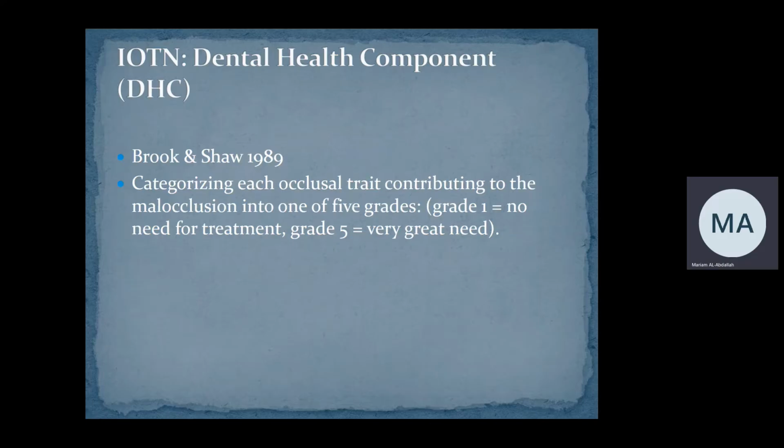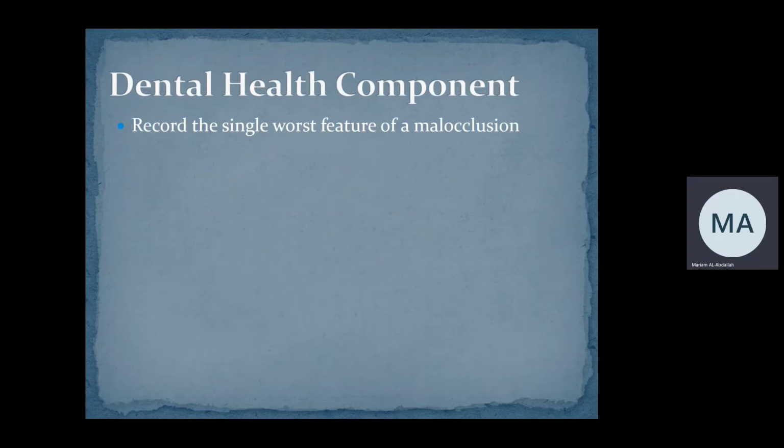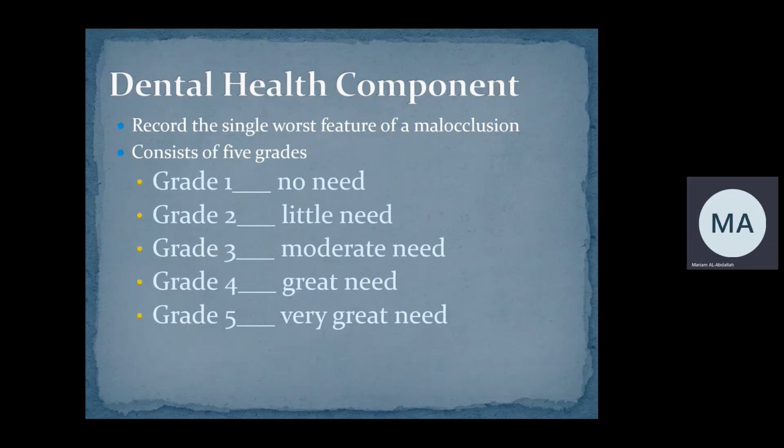It actually chooses the most severe feature and allocates the patient into 5 different grades. Grade 1, where there is no need for treatment, all the way to grade 5, where we have very great need of treatment. Okay. Patients who are allocated to grade 4 and 5 usually get free treatment in the UK. Patients who get grade 1 or 2 usually go to the private sector.